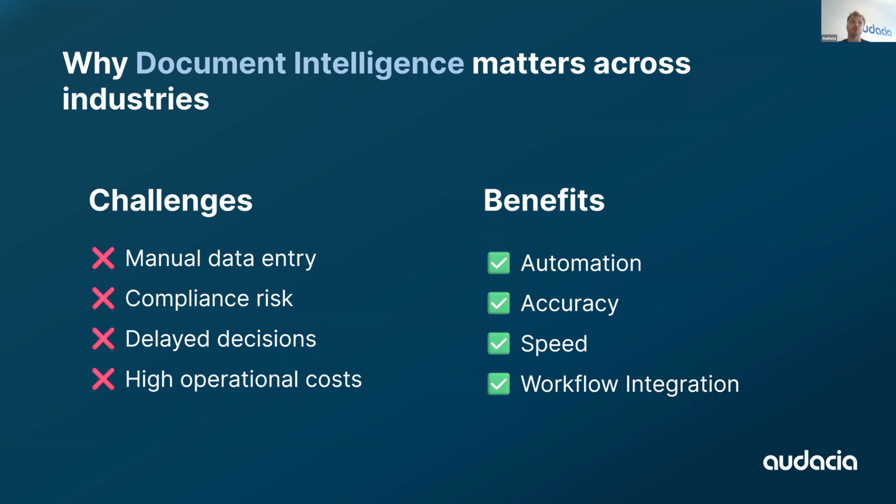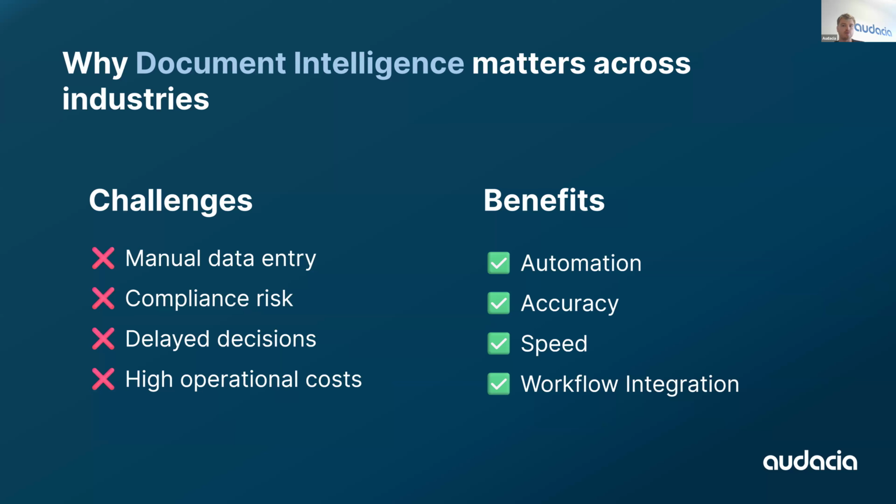People are going to have to understand the context of the document and make the right decisions. So manual data entry has some drawbacks in terms of it being time consuming and error prone.